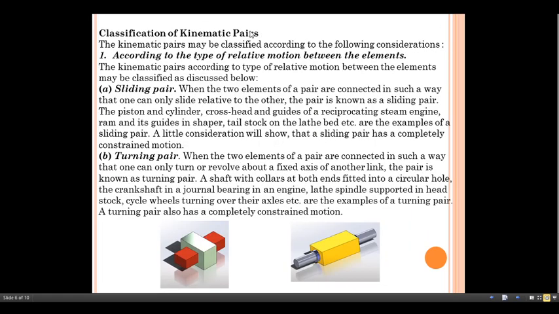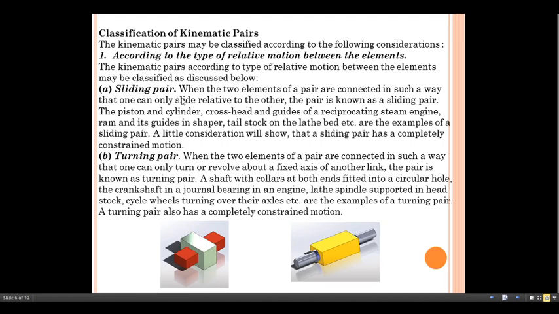Let us start with the first one, according to the type of relative motion between the elements. The kinematic pairs according to type of relative motion between the elements may be classified as discussed below.